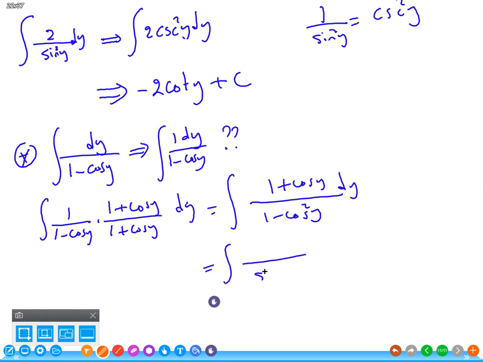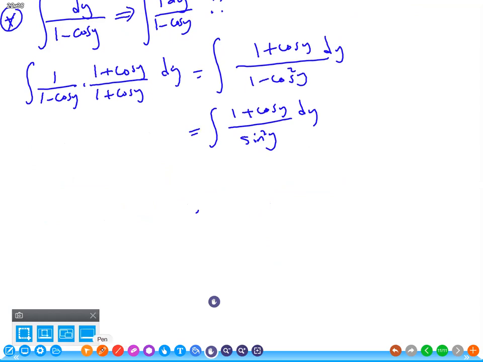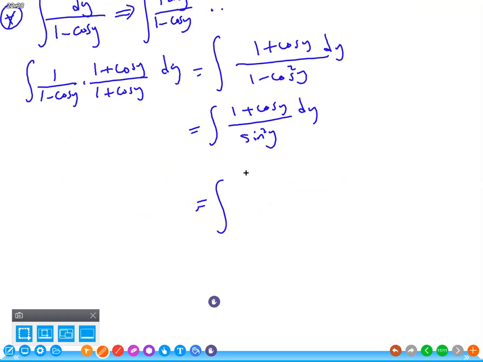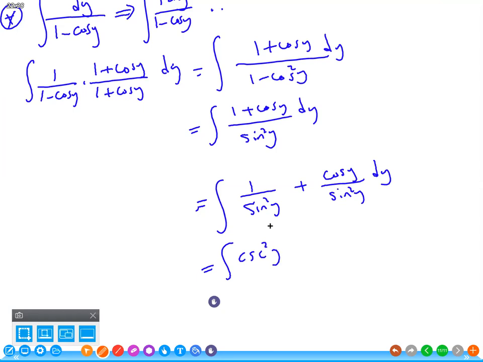It means sine squared y, this identity, 1 plus cosine y dy. Integrate. I can split now: 1 over sine squared y plus cosine y over sine squared y dy. 1 over sine squared is cosecant squared. Cosine over sine, cotangent. 1 over sine is cosecant, cosecant y dy.